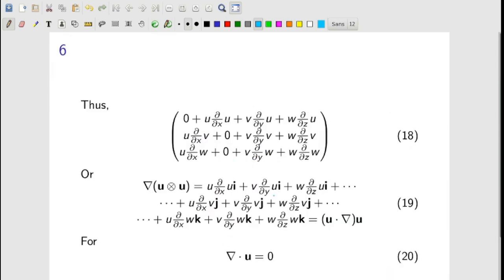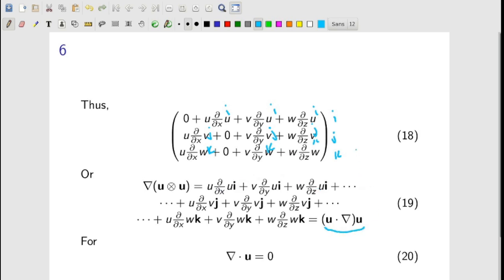It can be simplified to this. And now instead of writing this as a vector, you can write this as a sum. So each term here is multiplied by I, each term here is multiplied by J, and each term here is multiplied by K. And expanding this, we will get to the same form as if we were expanding this u dot del u term.